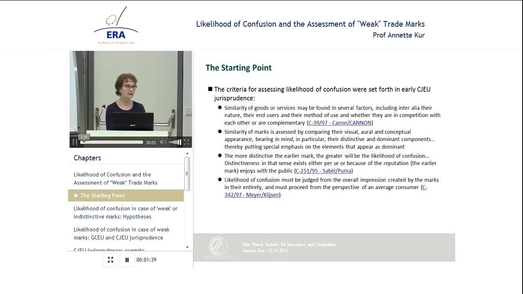And then in the end, there needs to be this final step of judging the likelihood of confusion from the overall impression that the marks create, and this must be done from the perspective of an average consumer. So we know all that. I'm going to concentrate, as I said, on this one, namely the influence of distinctiveness, or rather the influence of lacking distinctiveness or of weakness.